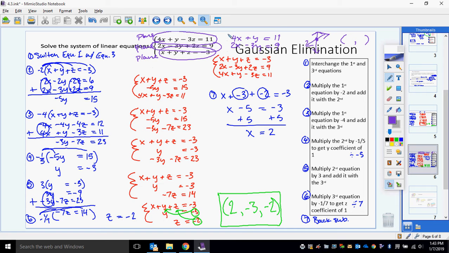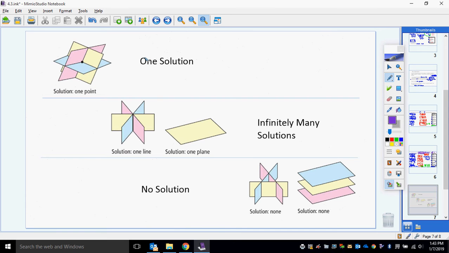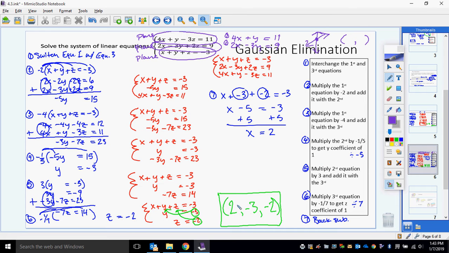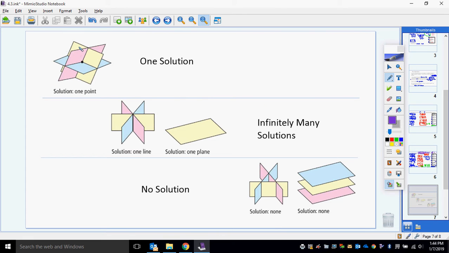This is two lines because there are two equations and two variables. Two lines intersecting. But three variables means planes. So one solution, which we just got here, one solution for this system is 2, -3, -2. That would look something like this. 3 different planes intersecting at one point.